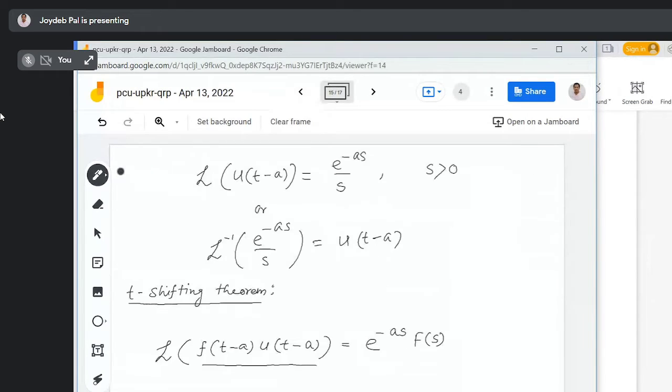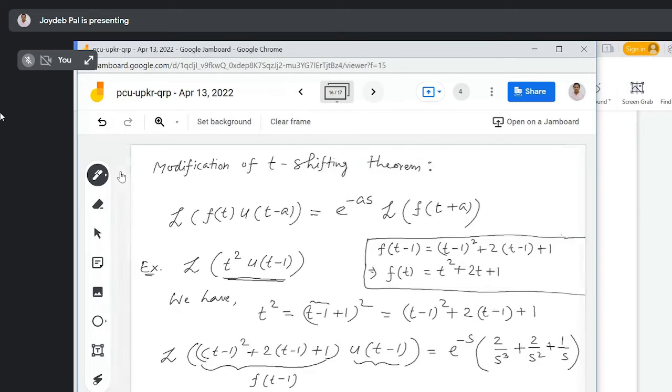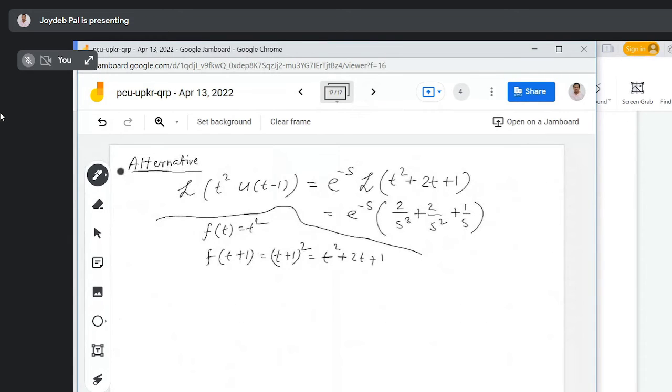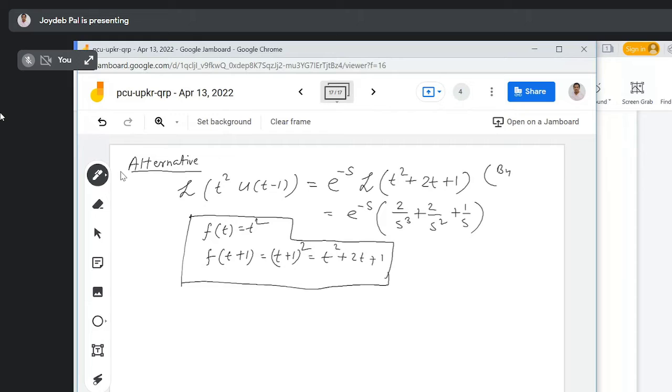And if originally it is given in the form f(t minus a) u(t minus a), then you can apply the main formula. Okay. Any doubt? Tell me, do you understand the difference between the two methods? It is by modification of t shifting.